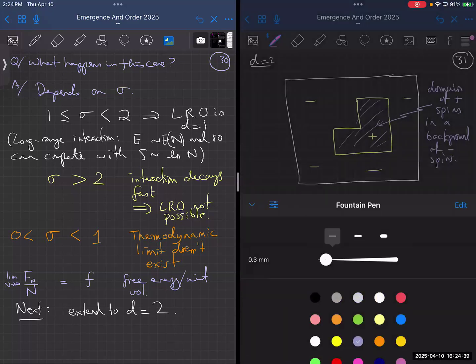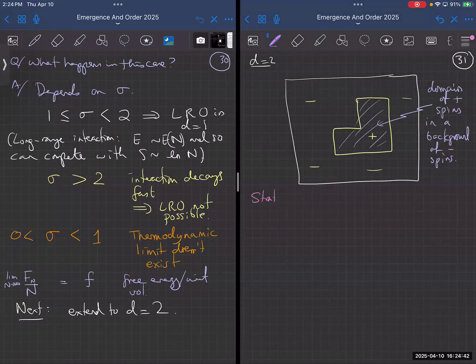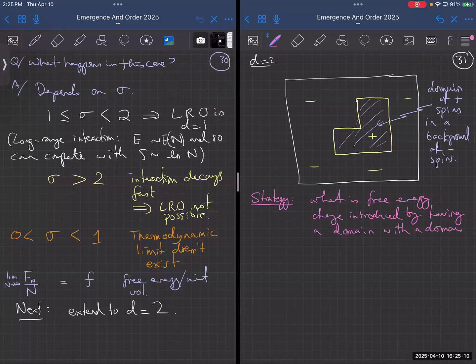The strategy is that we're going to examine what is the free energy change introduced by having a domain like this with a boundary. And that boundary, we will call it a domain wall. Okay, very imaginative name.